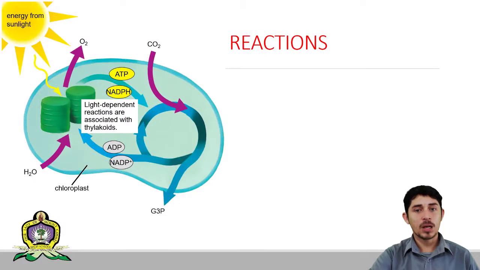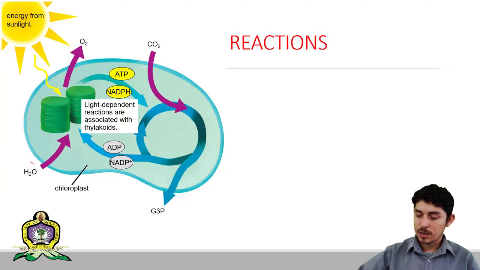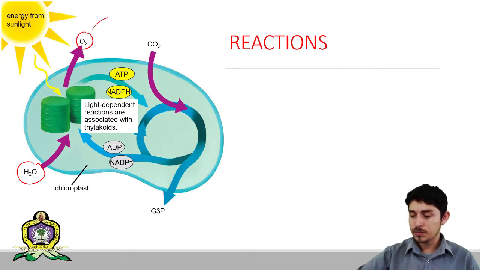Let's look at a summary here of the reactions. So in here we know that in the light reaction we have water going in and oxygen going out. So oxygen goes out once we also have this process which we call the light independent reaction.